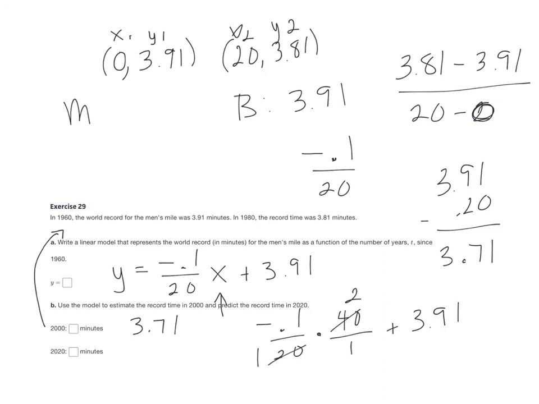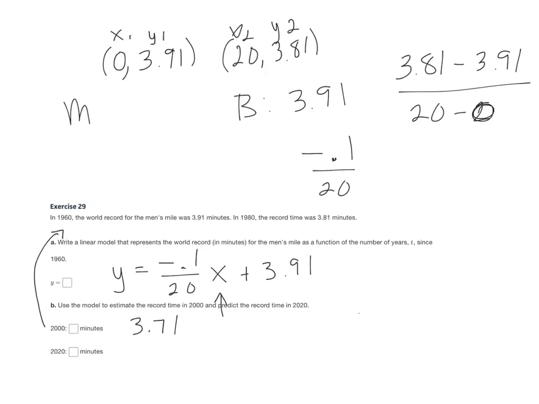Alright, and let's do 2020. I'm going to clear up some room. Alright, so 2020 from 1960 is going to be 40 to get to 2000 and 20 more, so that's 60. So I'm going to do negative 0.1 over 20 times 60, and then I'm going to add 3.91.